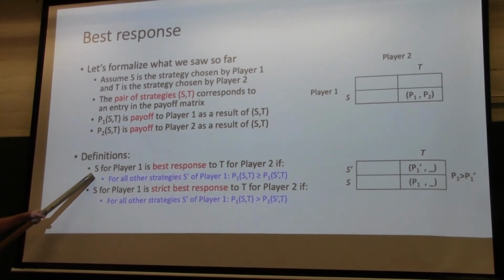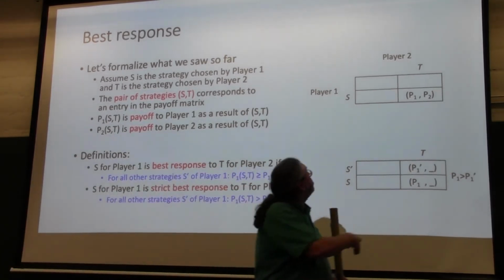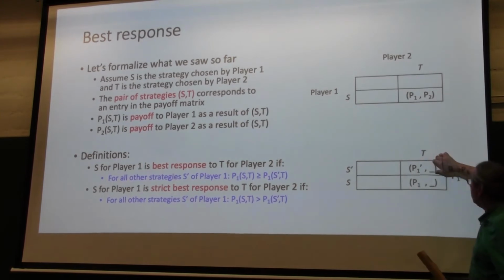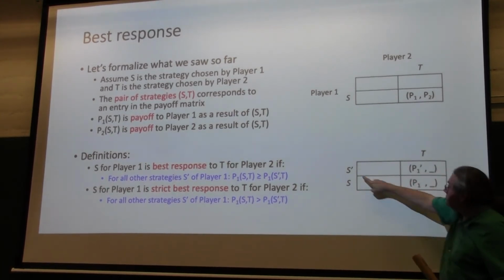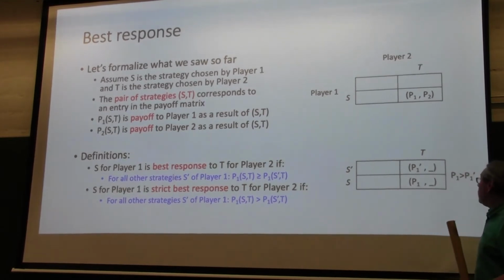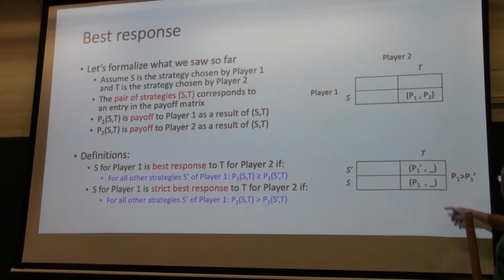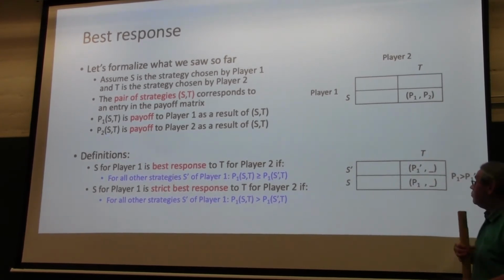So S for player 1 is a best response to T. So let's say player 2 does T, okay? And player 1 has two choices, S prime or S. Now, if P1 of S, T is bigger than P1 of S prime, T, then S is the best response. It's the best move.